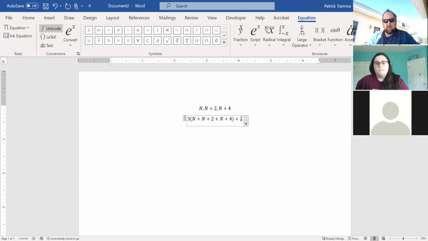So plus 20 equals 8 times the third integer, which is n plus 4. Make sense? 8 times the quantity n plus 4.